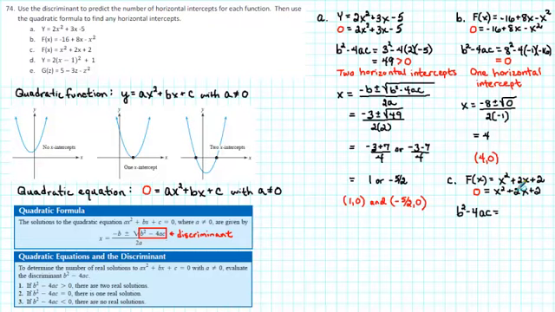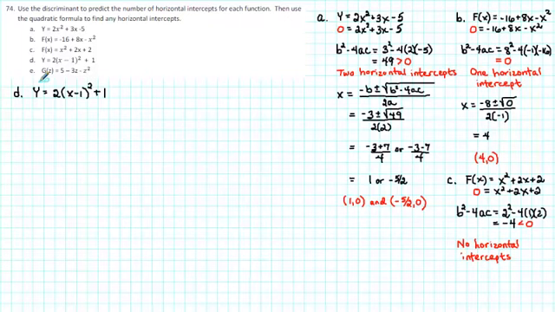We'll substitute 2 for b, 1 for a, and 2 for c. We get negative 4, which is less than 0. Therefore, this quadratic equation does not have any real solutions, and the quadratic function will not have any horizontal intercepts.